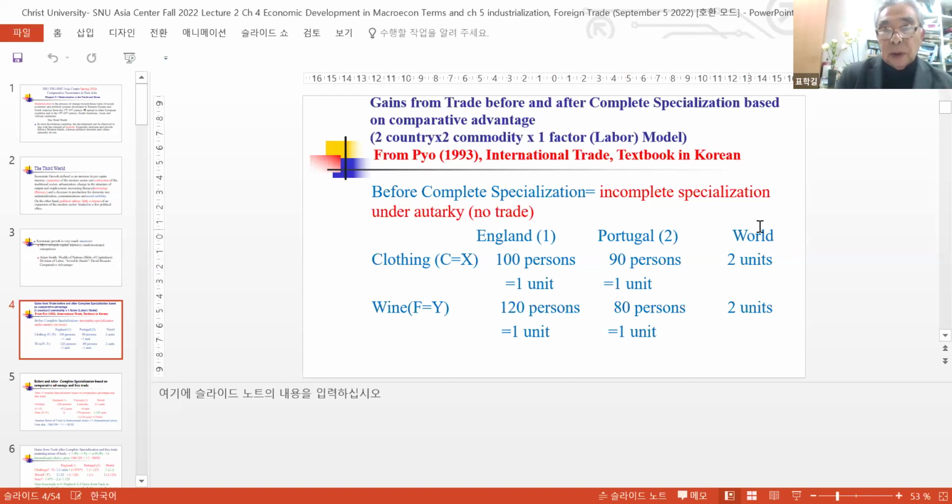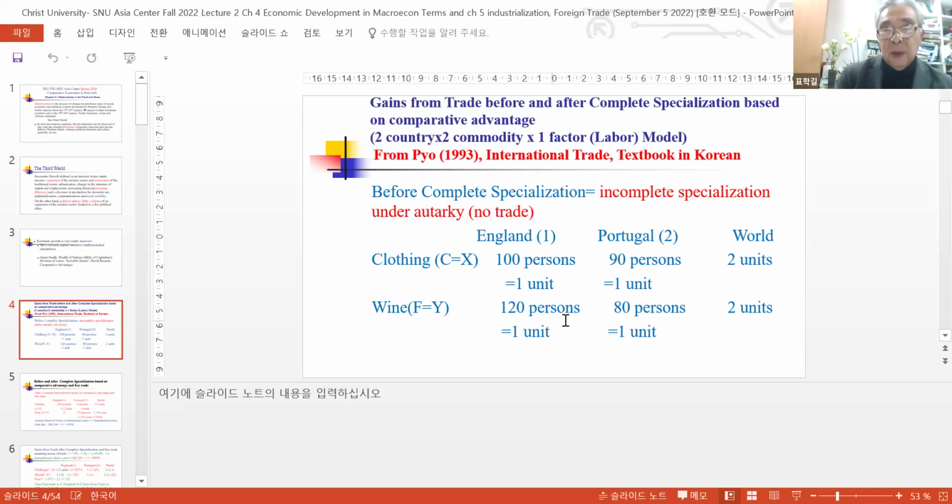World total, of course, 2 units of clothing, assuming England has only 100 persons, Portugal has 90 persons. So 100 plus 90 persons mobilized, world total production is 2 units of clothing. How about wine? The same.